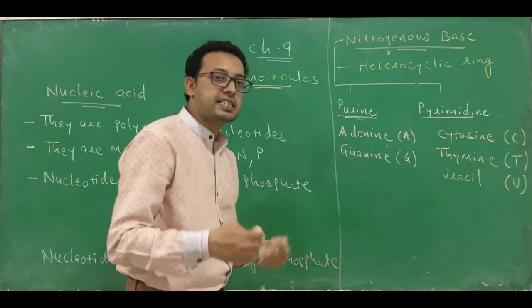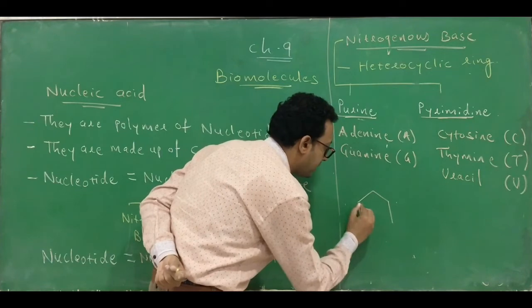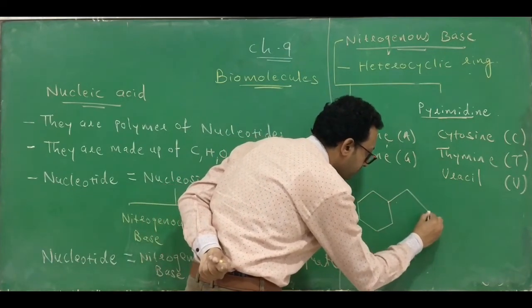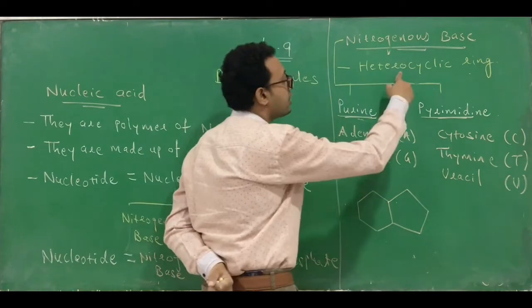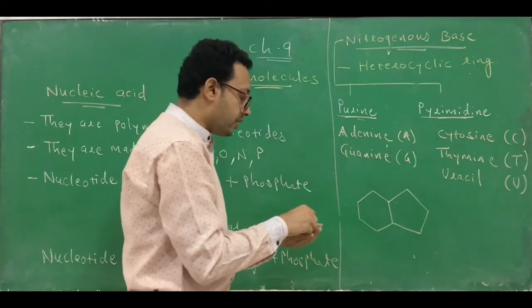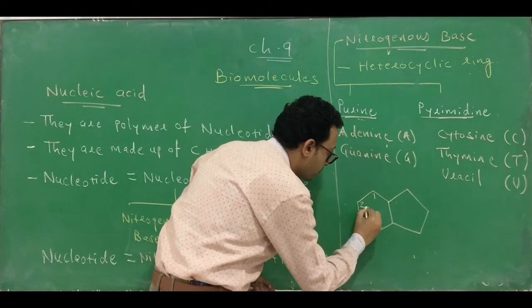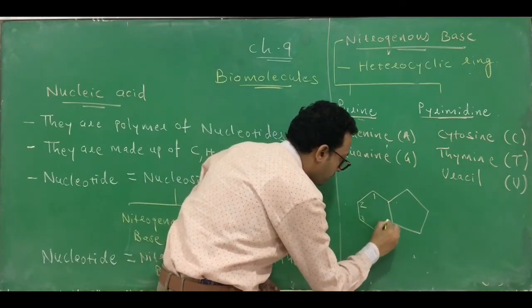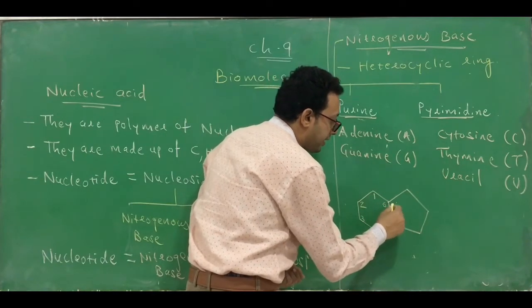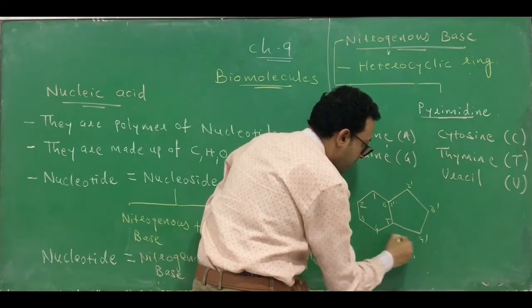If I show you the basic structure of purine, it is like that. It contains two rings. How many rings are present? Two rings. They are heterocyclic rings. One ring contains 6 carbons, 1, 2, 3, 4, 5, 6, and the other one contains 5 carbons, 1 dash, 2 dash, 3 dash, 4 dash, 5 dash.